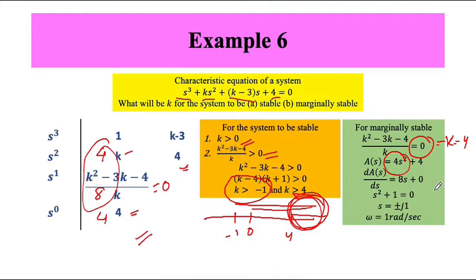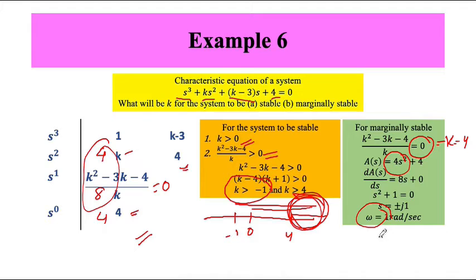There are no roots in the right half plane, and for the roots of the auxiliary equation, we take the common term 4 and equate to 0. So there are two imaginary roots, plus and minus j. Hence the system is marginally stable with an oscillatory frequency of omega equals 1.